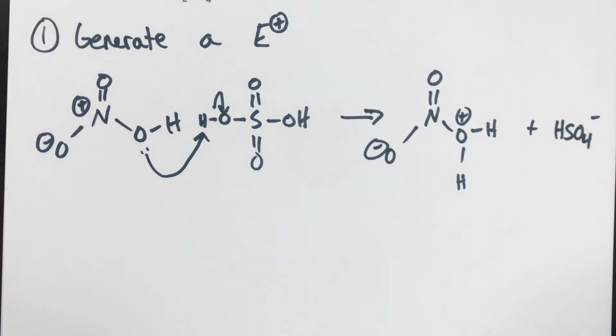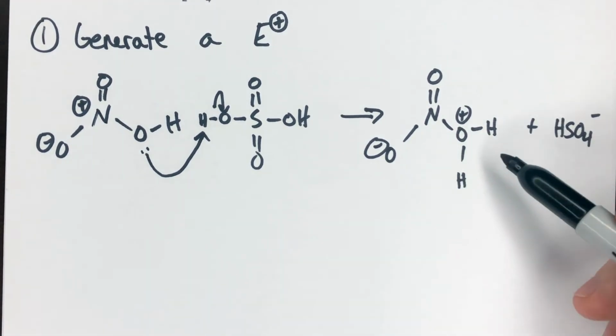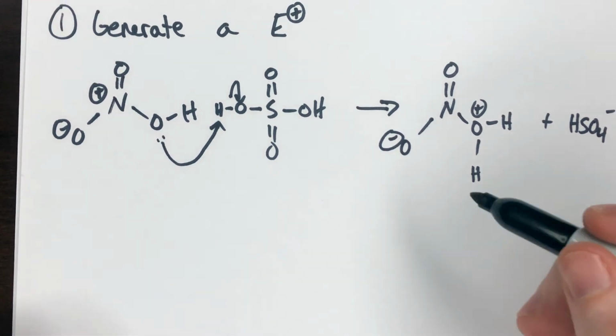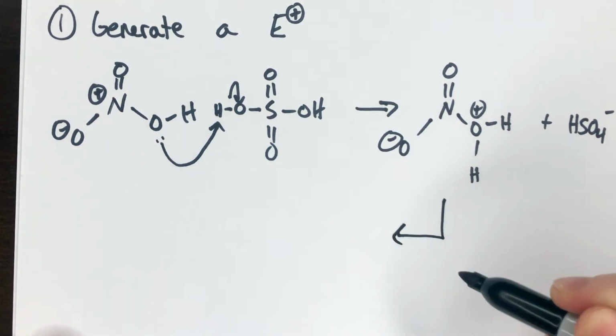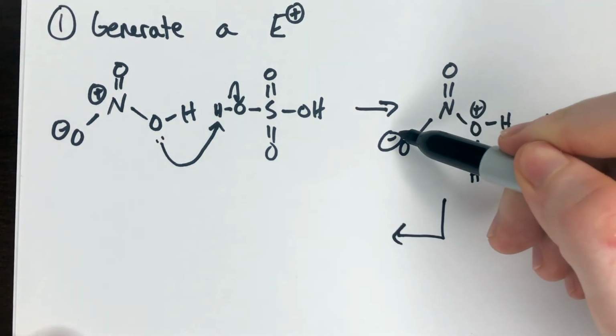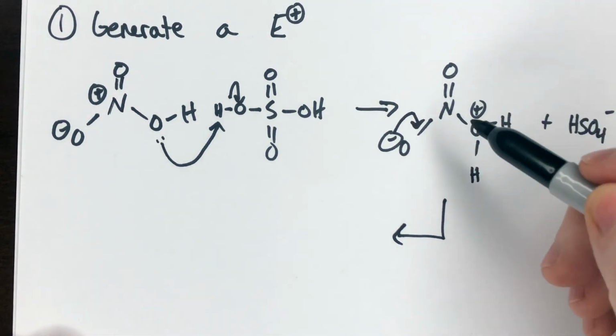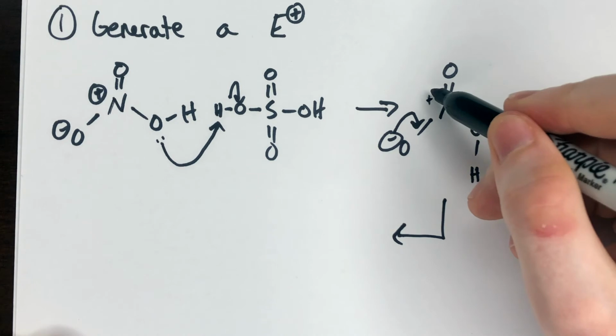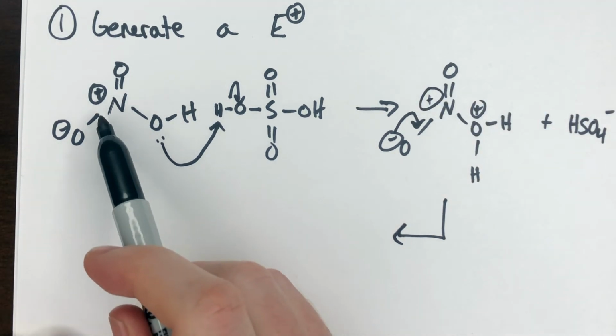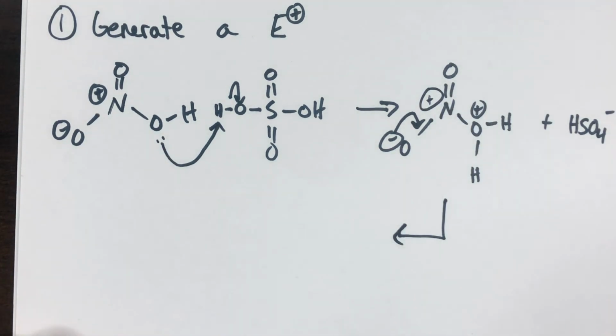I'm not going to show the whole structure here because it's not critical for this part of the mechanism. So now what happens is we have water. Water is an excellent leaving group. So internally, this lone pair now will form a nitrogen-oxygen double bond. Oops, I missed a positive charge here, right? That positive charge started there. It stays in this molecule.